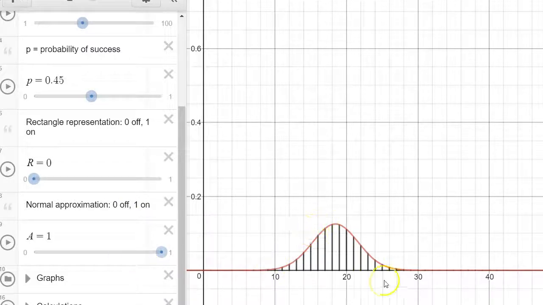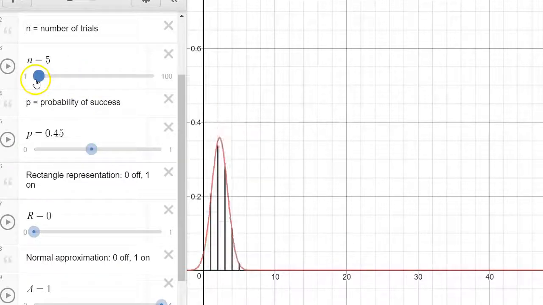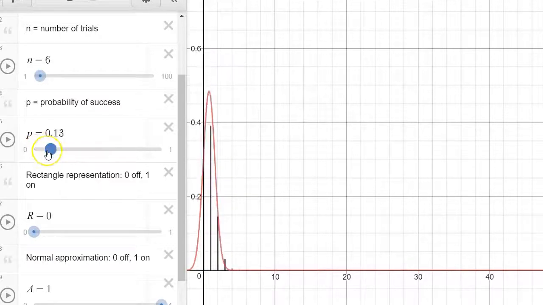For some values of n and p, the normal distribution is a very, very good fit to the binomial distribution. So our first task is to figure out what kind of values of n and p were good. Well, my first one, when n was 6 and p was 0.18 or something, was about like that.